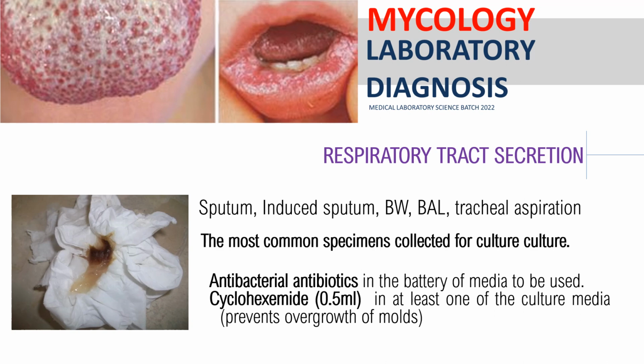And normal flora are bacteria that normally reside on your upper respiratory tract that will try to contaminate your sample. Kasi kung sa bacteriology, ang contaminant natin fungi, sa mycology naman ang contaminant natin bacteria. So how can we control the normal flora? We can add antibiotics to your culture media.